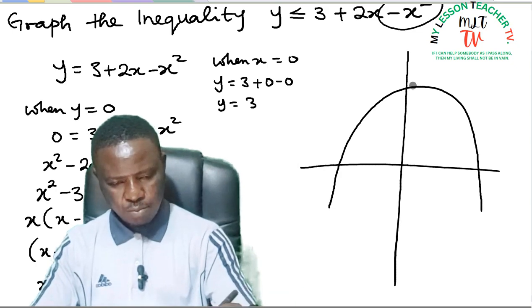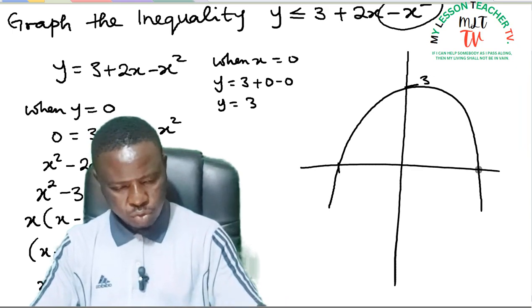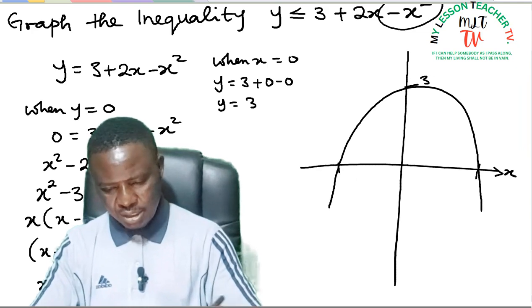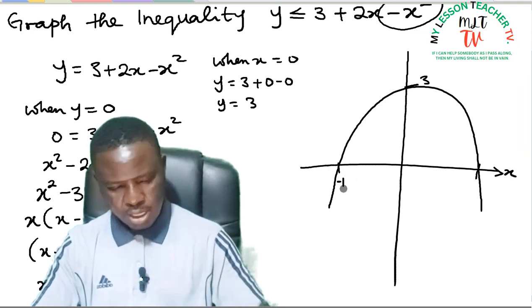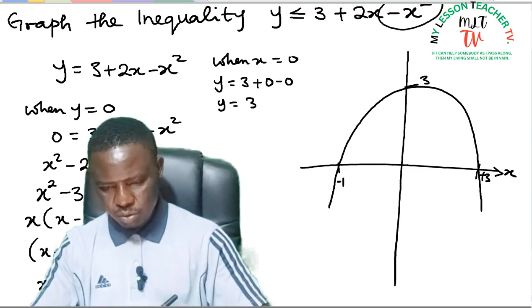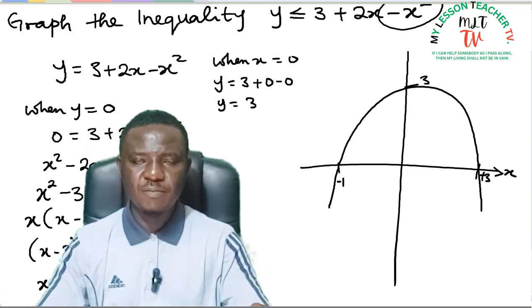Sorry, this is supposed to be the maximum point. So this point is said to be 3. When you're drawing to scale, you know what to do. This is the negative x-axis, and we said it is minus 1. So this is minus 1, and this is plus 3 from our intercept, okay? So we have been able to sketch the graph.